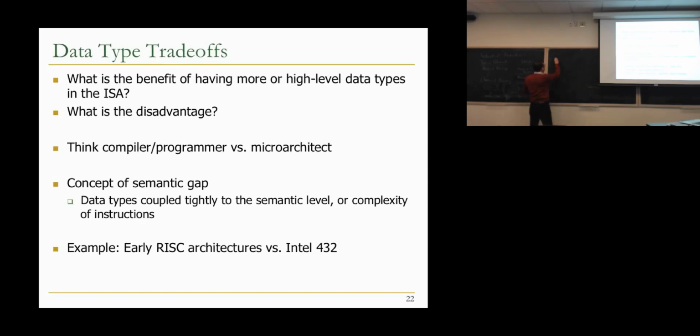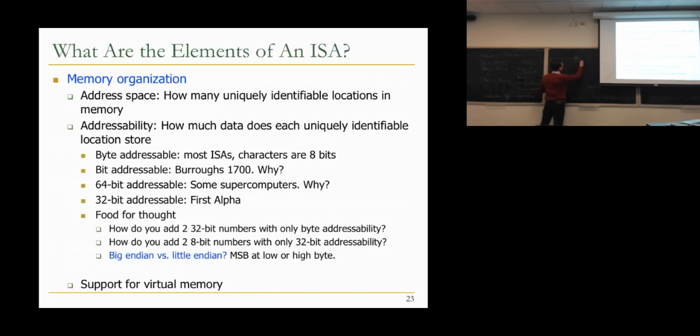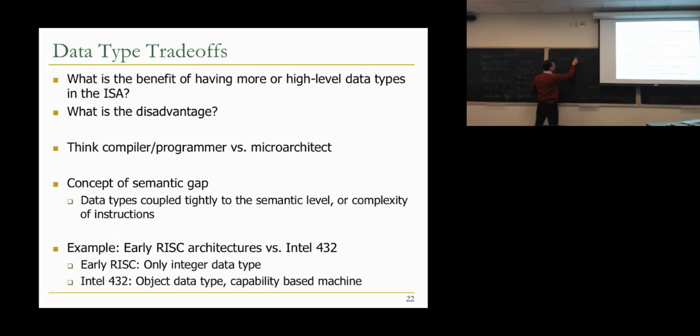So the idea of semantic gap is you have this high-level language with some data types, and you have a program that's written in that high-level language. Eventually, the goal of the computer is to map it to control signals, right? And the idea of semantic gap is where your ISA is placed between the high-level language and the control signals.